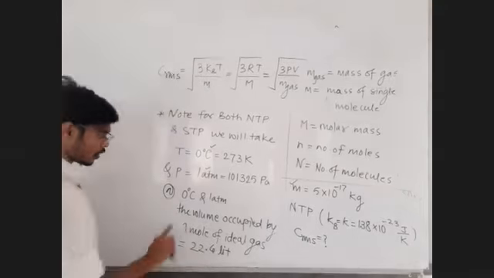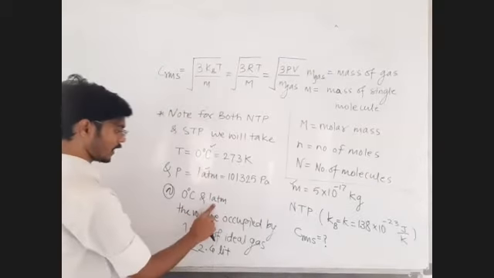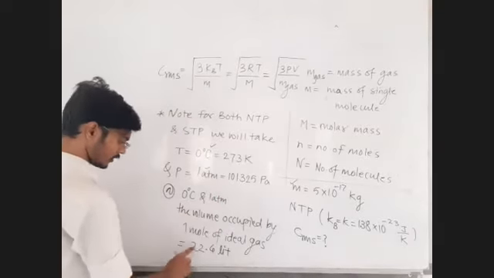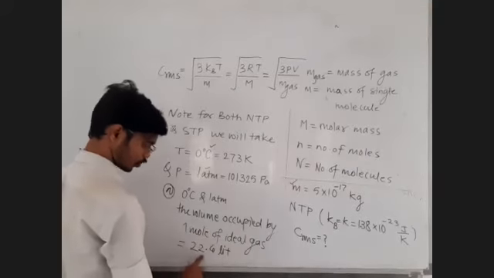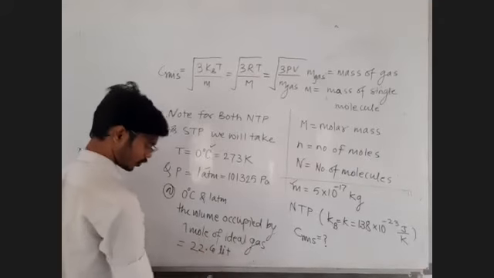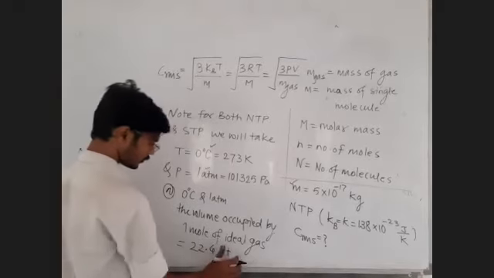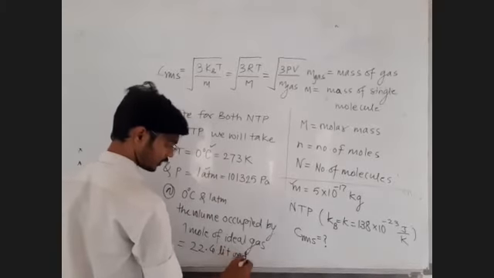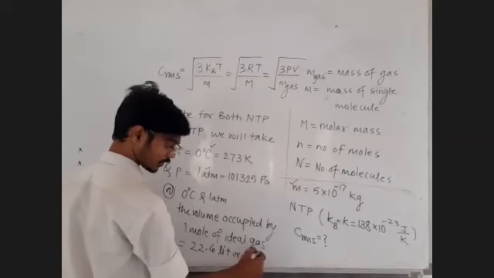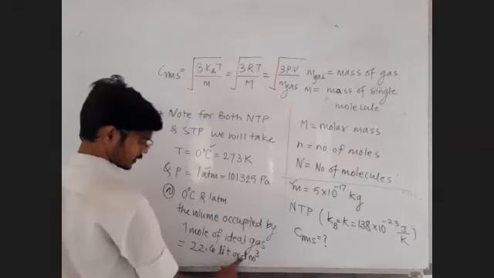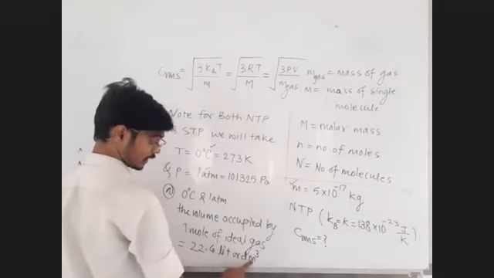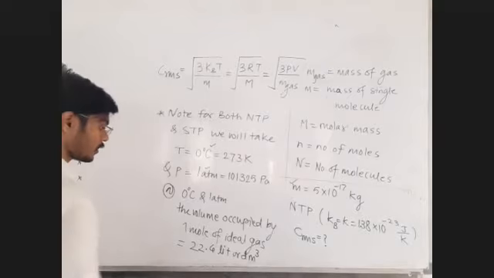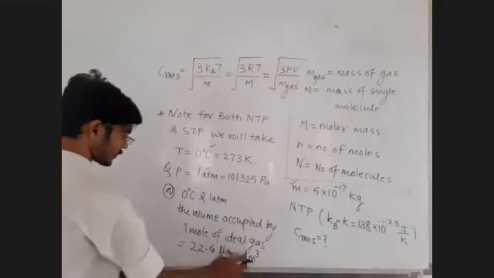So at 0 degrees Celsius and 1 atm, you should know that the volume occupied by 1 mole of ideal gas is 22.4 liter or dm cube. D means decimeter. Just like cm cube, there is dm cube. dm cube is also called liter.